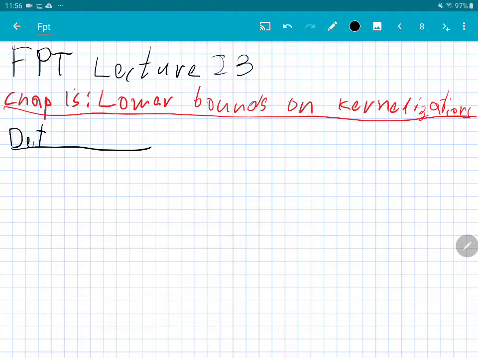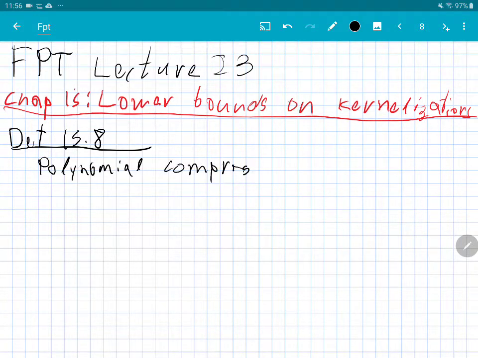Definition 15.8, which is polynomial compression. Okay, so what is polynomial compression? We have a parameterized language. You can think about it as being a subset of the strings times a natural number, which is the parameter.